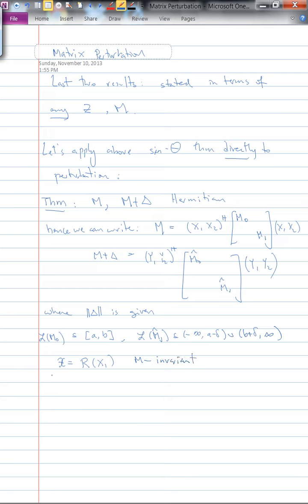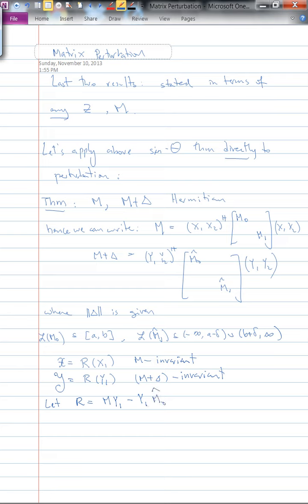And we want to compare it to script Y, which is the range of Y1, which is M plus delta invariant. We want to know how close are X and Y. So let's let R equal M Y1 minus Y1 M0 hat.